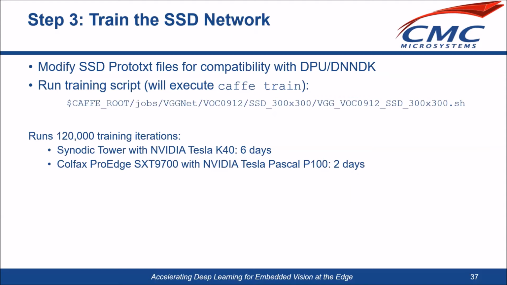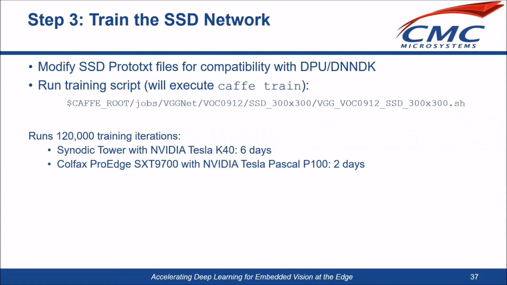This training runs for 120,000 iterations. On the older workstation with the NVIDIA Tesla K40 GPU accelerator, this took 6 days to complete. On the newer workstation with the Tesla P100 GPU, it was 3 times faster and only took 2 days. Our next step will be to run on the heterogeneous compute cluster and see if that is further accelerated.